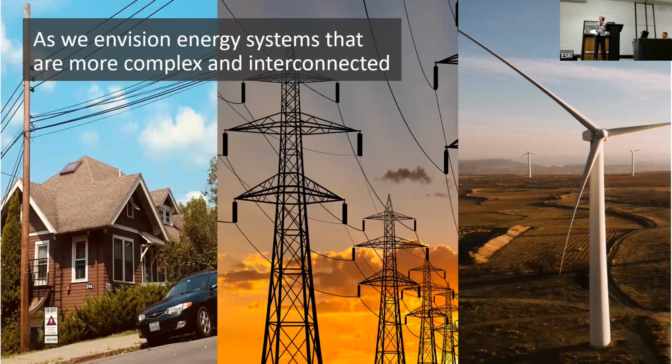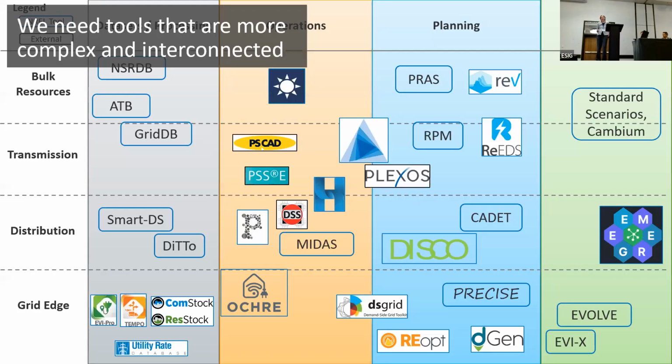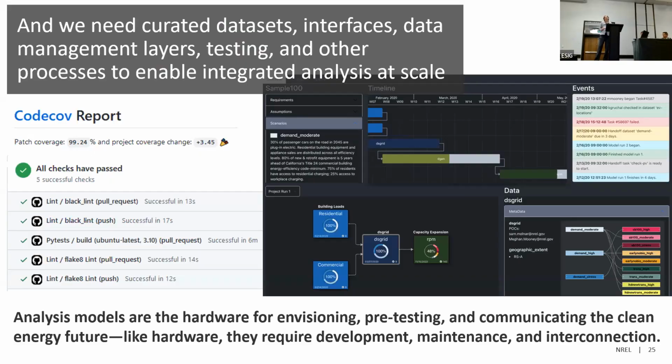But what I mostly want you to take home is that as we're envisioning energy systems that are more complex and interconnected, we are going to need tools that are also more complex and interconnected. And we don't want it to be too complex, right? We need to simplify. We need to kind of bottle up that complexity in places where it's manageable. And if we're going to do that, we're going to have to put a little bit of infrastructure around it.